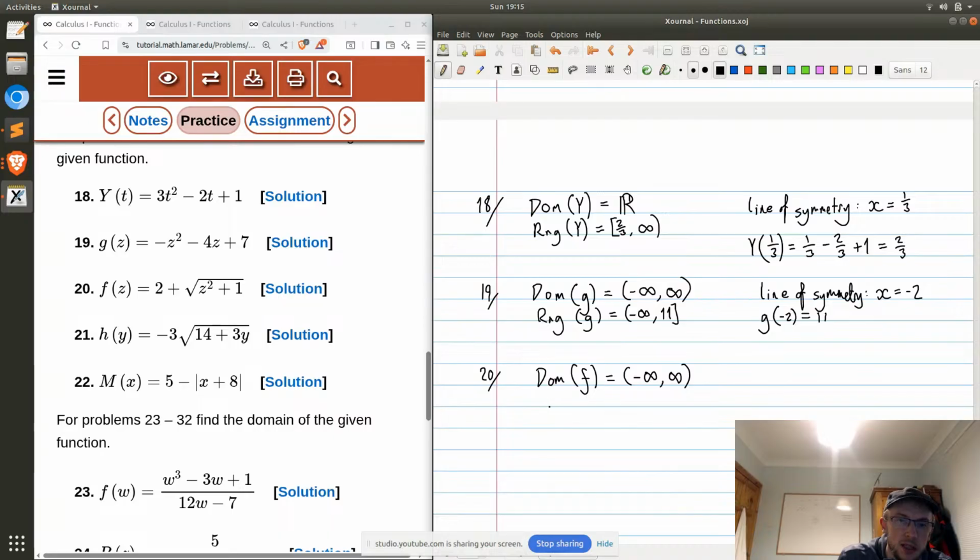As for the range, we'll want to minimize the number underneath the square root sign, the z squared add 1. And to do that, I believe that it's kind of obvious that you'd have to input z equals 0, as anything non-zero would constitute a positive quantity. So let z equal 0, and when we do that, we have 2 plus the square root of 1, which is 3.